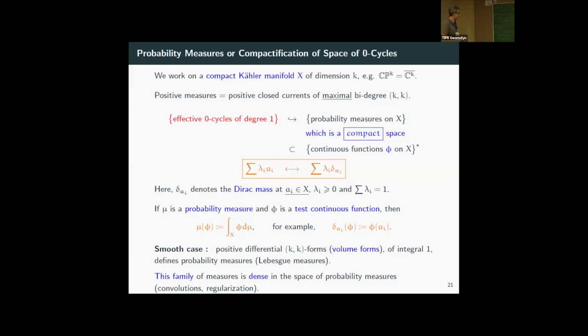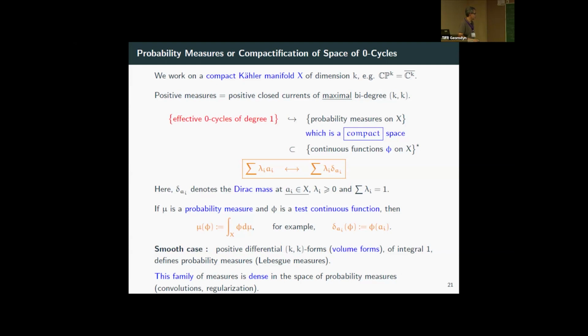Okay, so we consider a finite combination of lambda_i a_i, where the a_i are points in X and the lambda_i are positive real numbers. We assume that the sum of lambda_i is equal to 1. So here you have a so-called effective 0-cycle of degree 1. Effective because the lambda_i are positive, 0 because it's of dimension 0, and degree 1 because the sum of lambda_i is equal to 1.